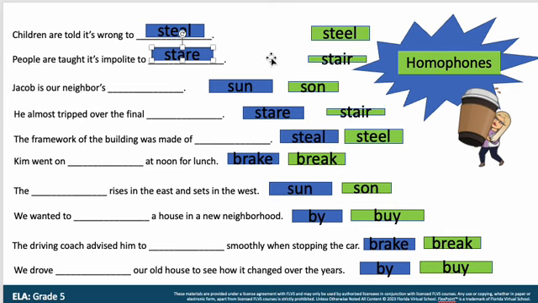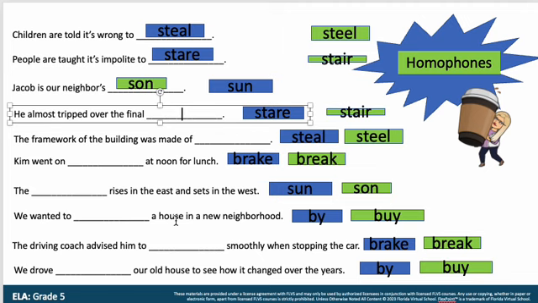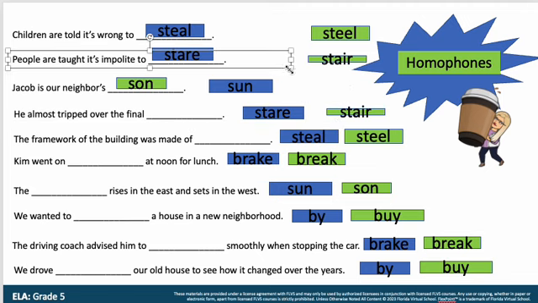Next, we have: Jacob is our neighbor's son. S-U-N or S-O-N. Hopefully, we know that it is S-O-N, as in the son of someone, versus the sun, S-U-N, which is the brightest and the closest star to us.